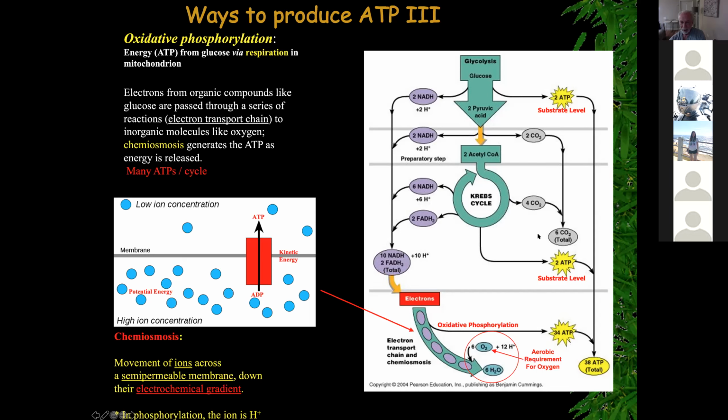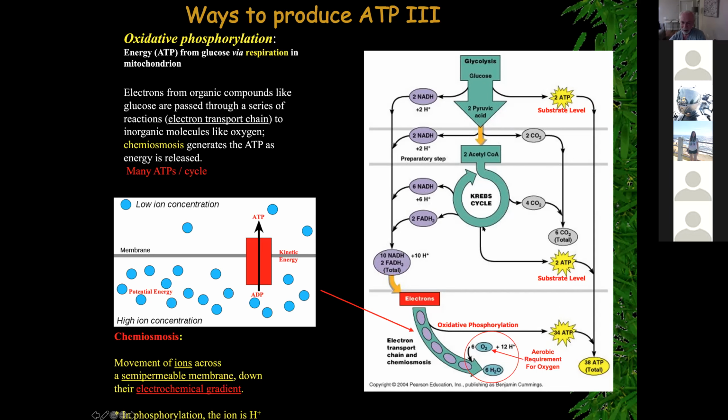So if you add them up, later I'll show you that it takes 2 ATPs to do glycolysis, but then it yields 4 ATPs. One way of adding them up is to say that this is 4. At the gross level it is, but the net of glycolysis is just 2.